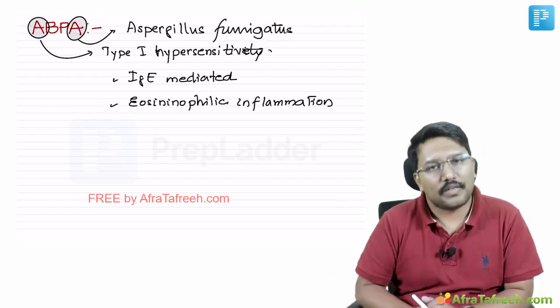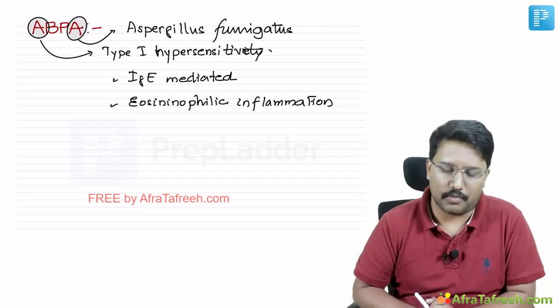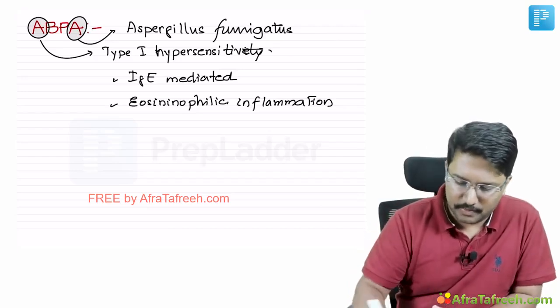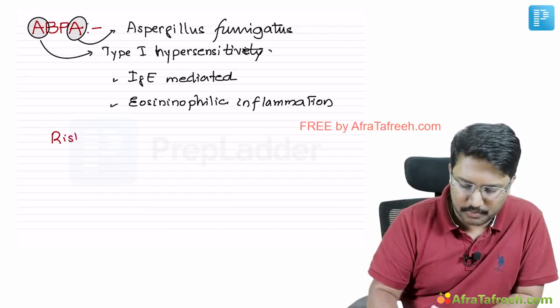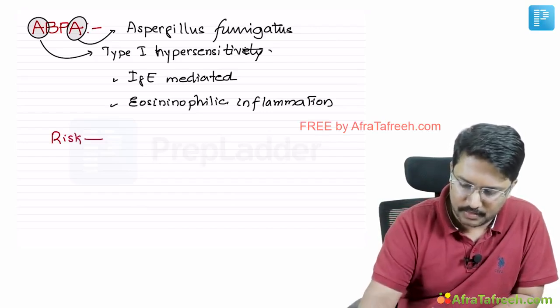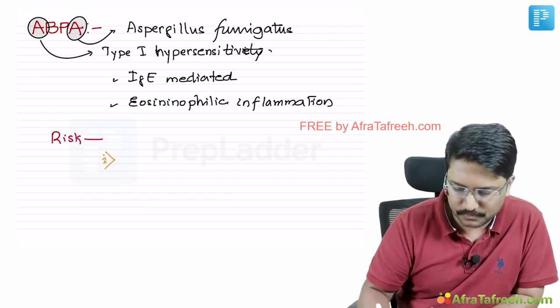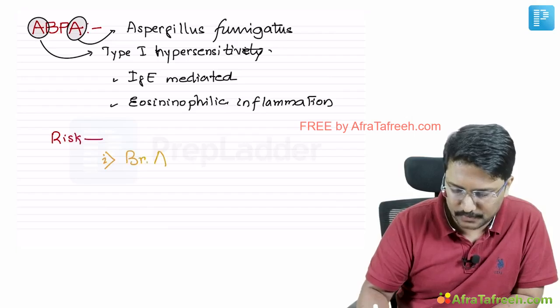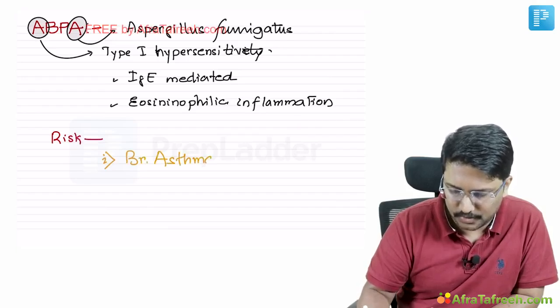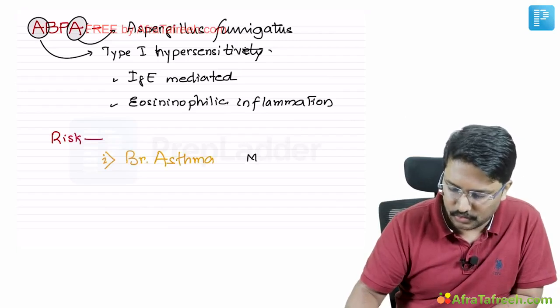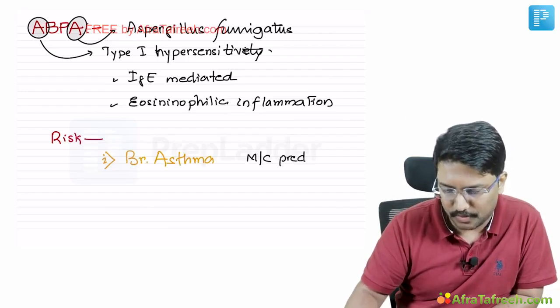Now, which are the patients who are at risk of developing ABPA? Basic thing we are already familiar with. In terms of risk, we need to remember two important entities. Number one is bronchial asthma, and we have to remember that this is the most common predisposing condition for ABPA.